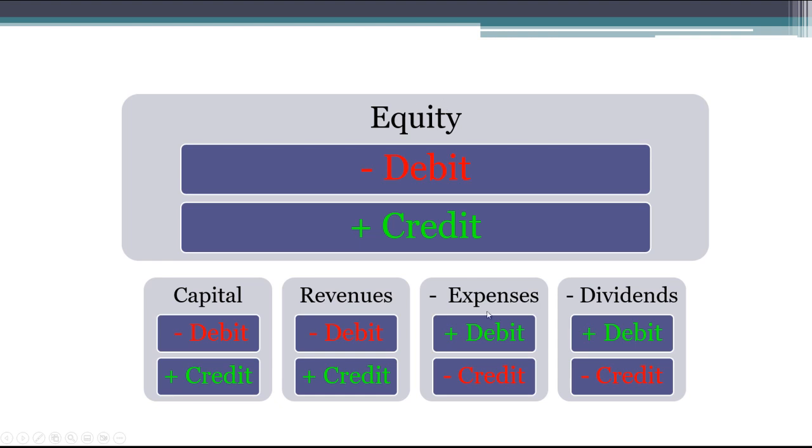For that reason, it has to have the opposite normal balance rule of equity overall. It has a debit balance, much like assets, but more importantly, it's the opposite of equity. It's the opposite of capital and revenue. Expenses and dividends have a normal debit balance. They're increased by a debit, which in turn decreases equity.